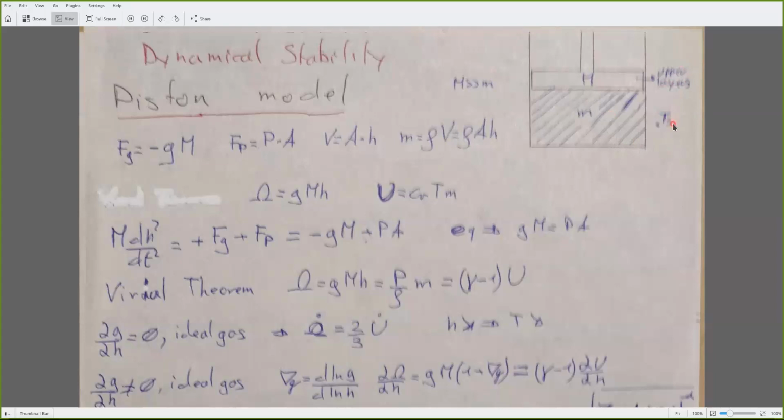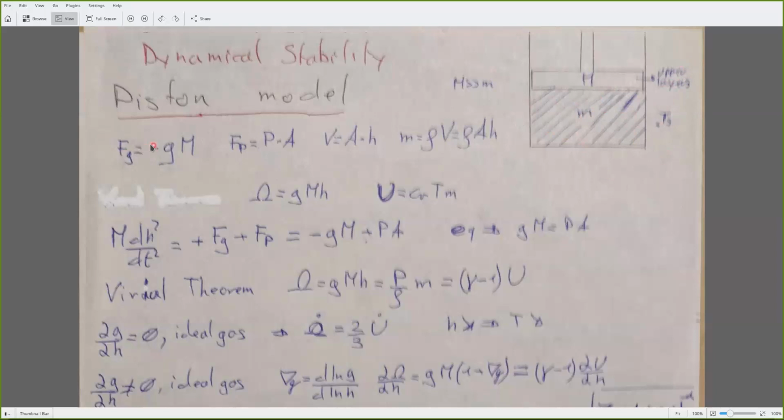Ts is the temperature of the system outside, in the case when we have a leak of heat from the gas inside the piston to the outside environment. We have the classical formulation.